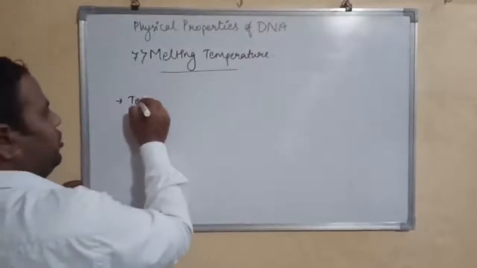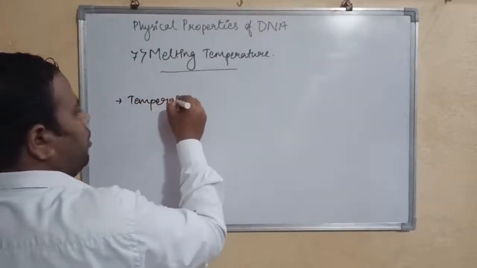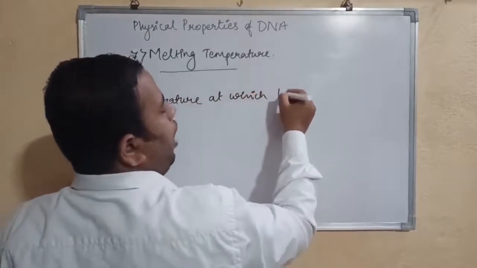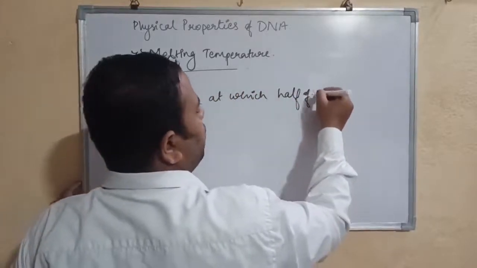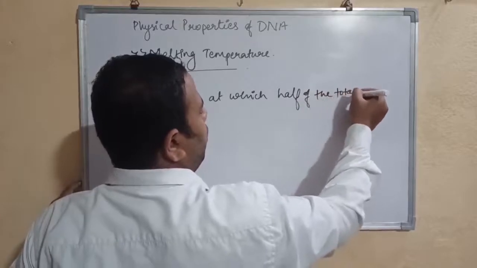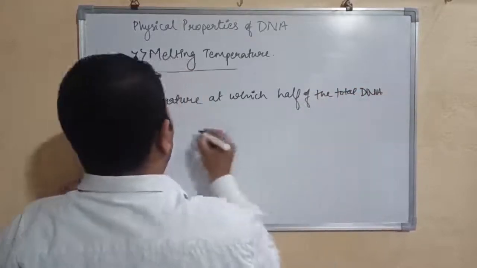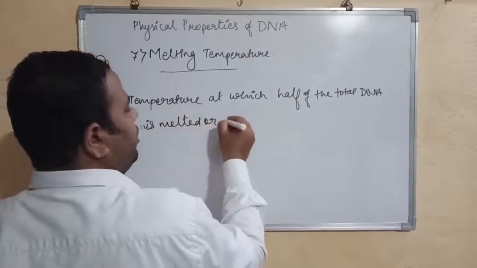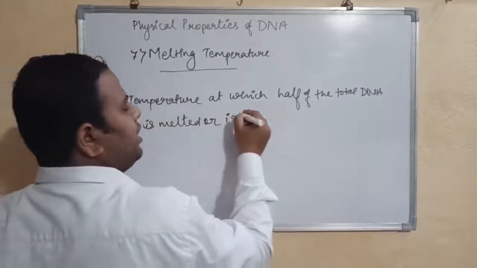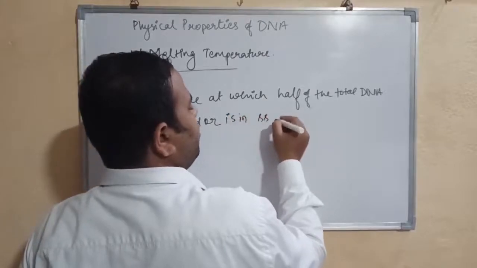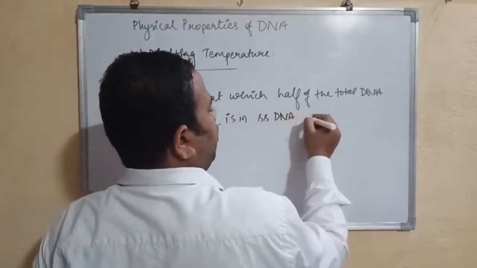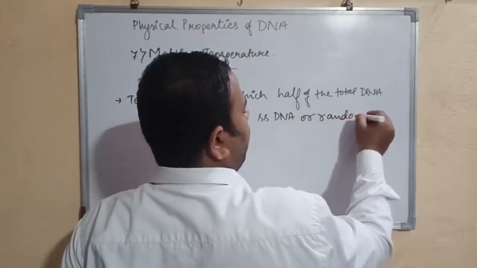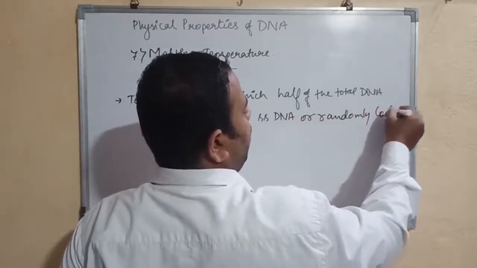It is the temperature at which half of the total DNA is melted, or is in single stranded DNA or randomly coiled form.